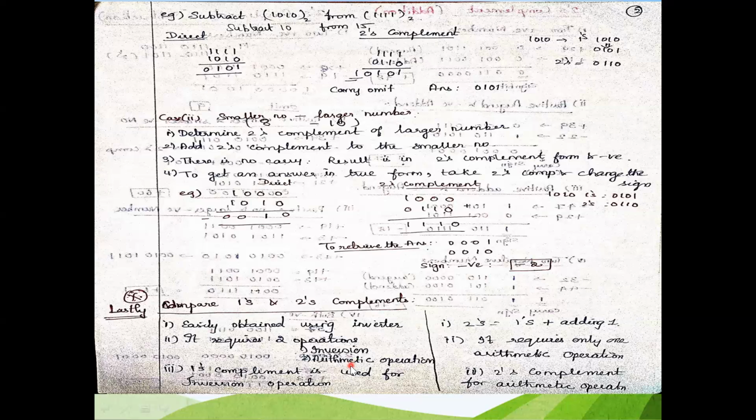Hence it requires arithmetic operation. This is not the case with 2's complement; here only arithmetic operations are involved. So 1's complement is generally used for inversion operations, whereas 2's complement can be used for arithmetic operations. This is the general comparison of 1's and 2's complement.